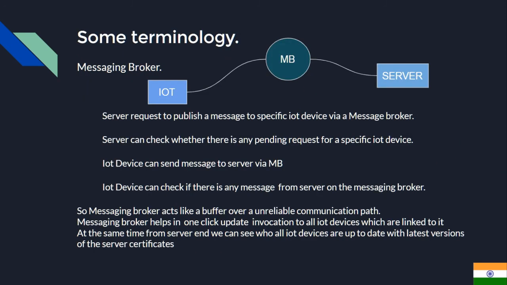So I would like to introduce some industrial technology terminology, that is, messaging broker. So what is a messaging broker? In simple terms, it's a software buffer. That's it. It provides a buffer between the server and the IoT device.